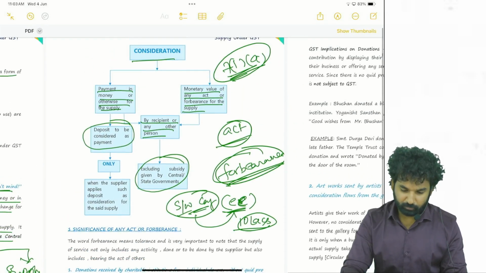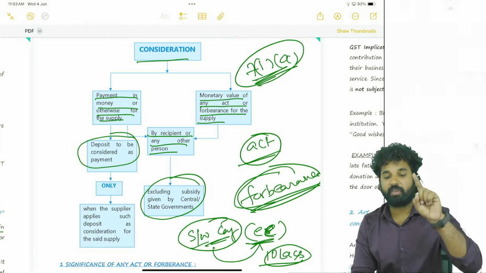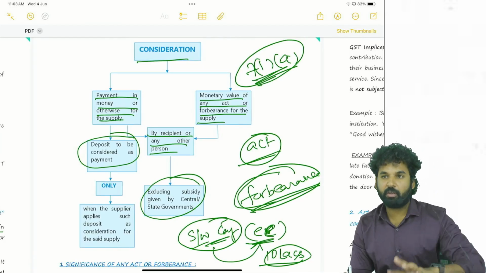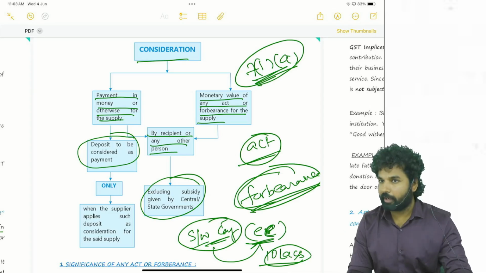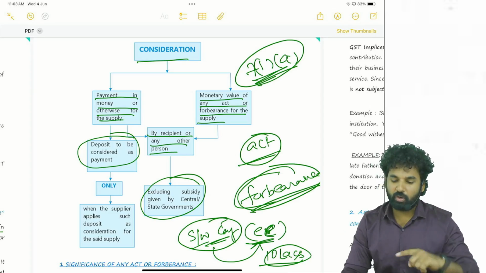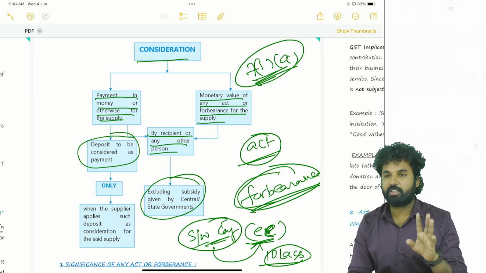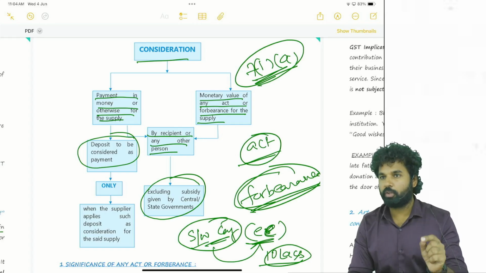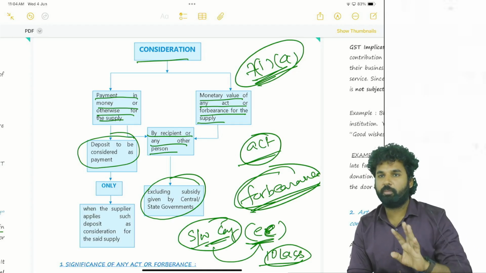Consideration is a payment in money or otherwise for supply by the recipient or any other person, and it is a monetary value for any act, for any forbearance, or for tolerating an act. A deposit is considered as a payment only if it is appropriated.